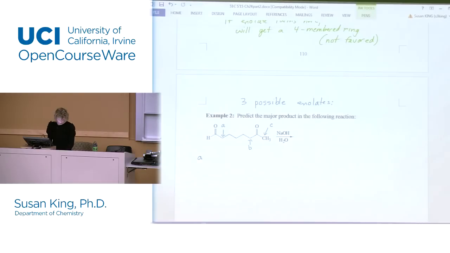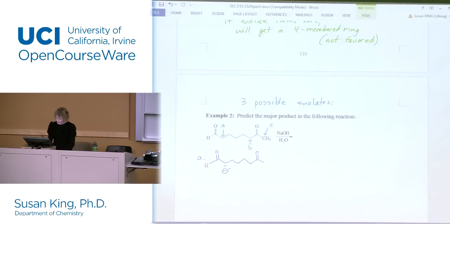Okay, so let's do A first. I'm not going to draw the arrows for that. I'm just going to already form the enolate and see where it's going to go. And I'm going to leave the electrons on carbon because I think that's a little bit easier in this chapter anyway.